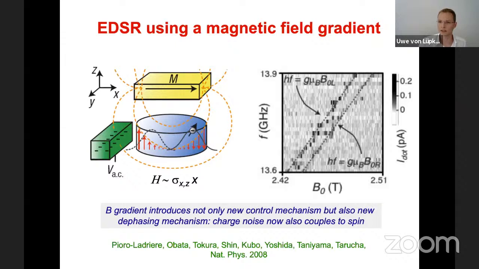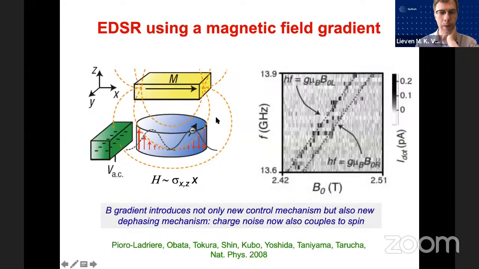Well, let's see. So I didn't emphasize this very much, but what I emphasized is that the gradient from the micromagnet can be used to drive spin rotations. And in particular, it's when what we call the transverse component of the gradient is present.